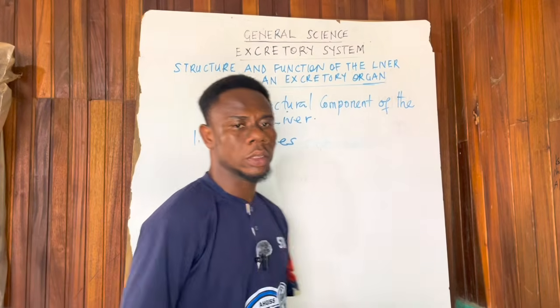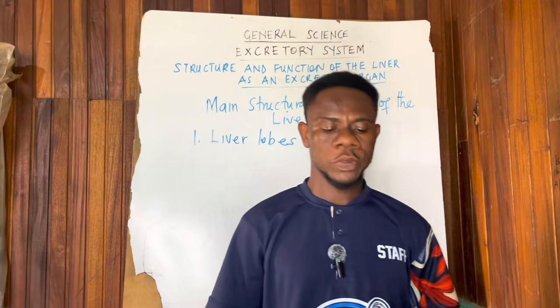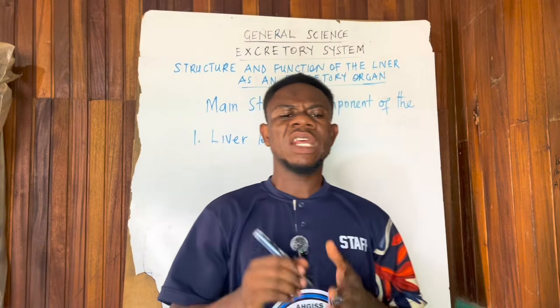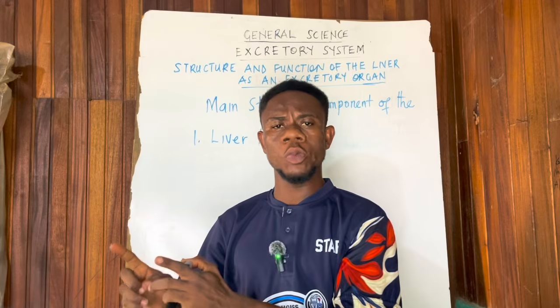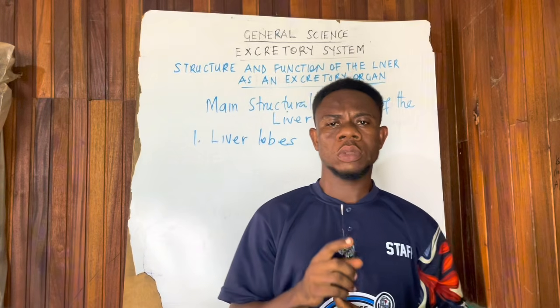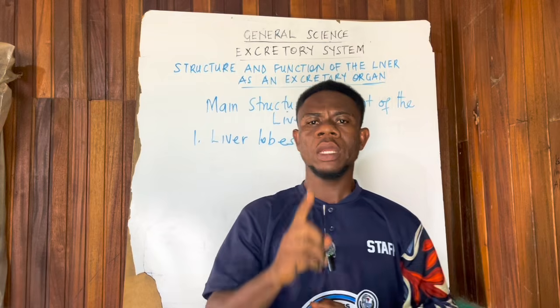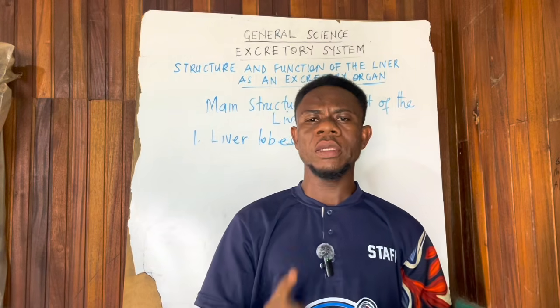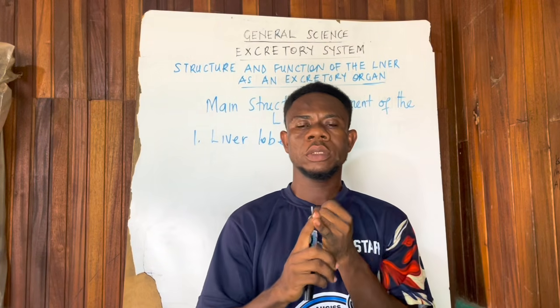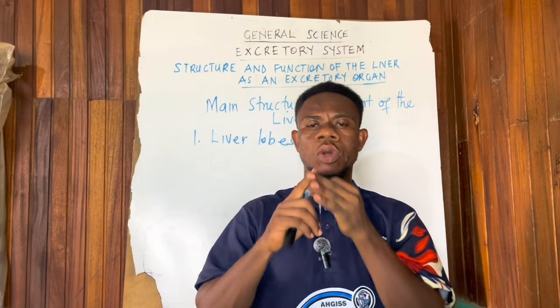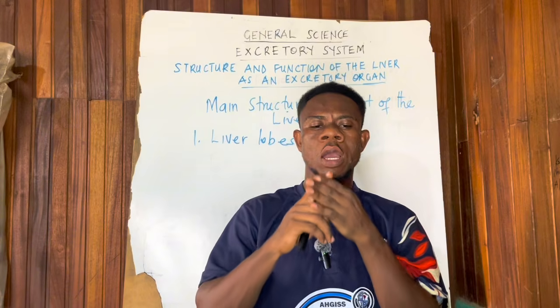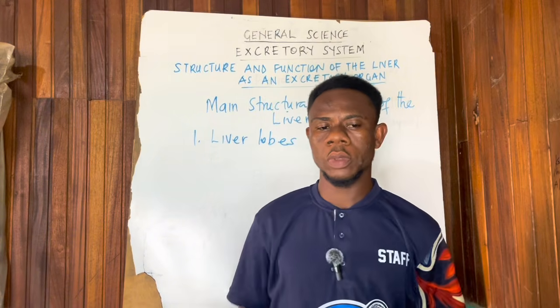The liver lobes are divided into 4 main lobes: the right lobe, the left lobe, the caudate lobe, and the quadrate lobe.